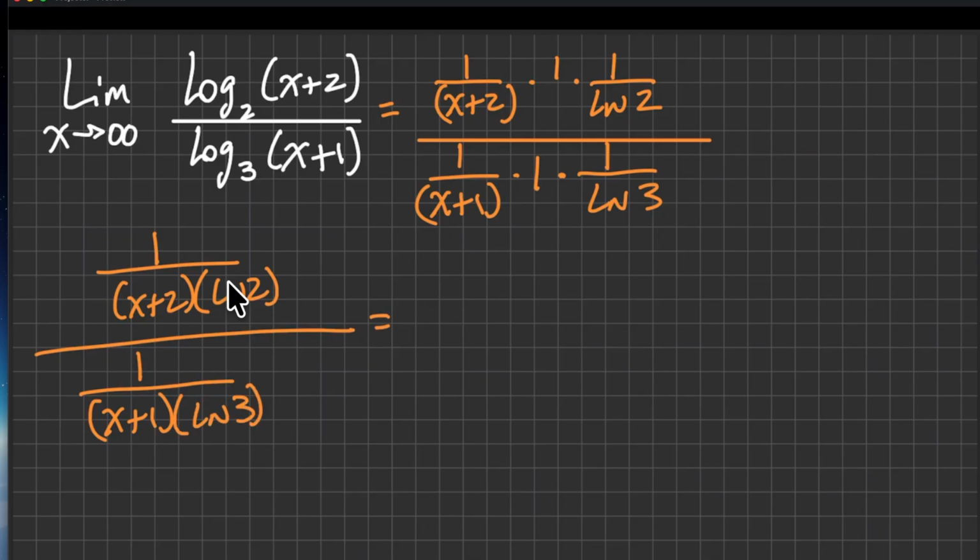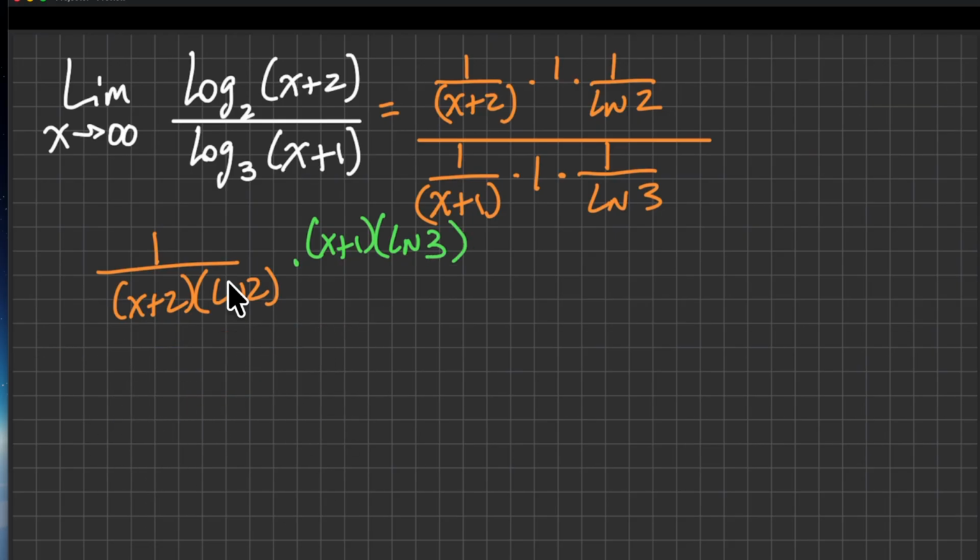Okay, next we're going to do keep, change, flip. We're going to keep this exactly as it is, and we're going to flip the denominator. So this becomes x plus 1 times ln 3 up top. Okay. Next, we're going to distribute both top and bottom.